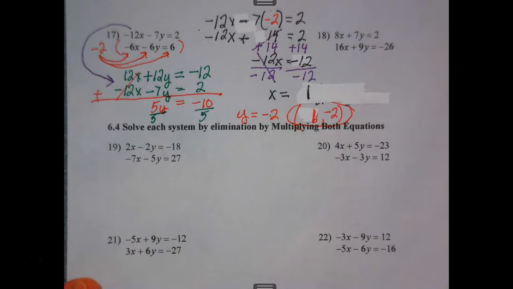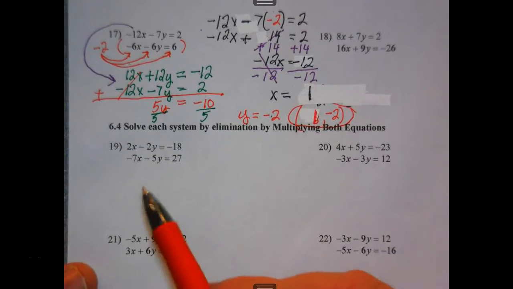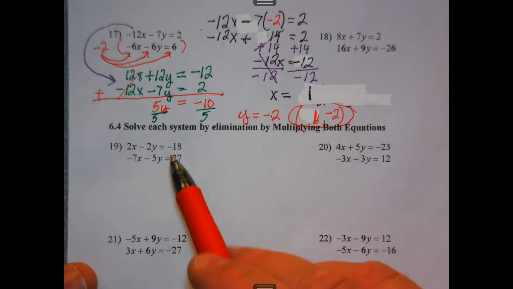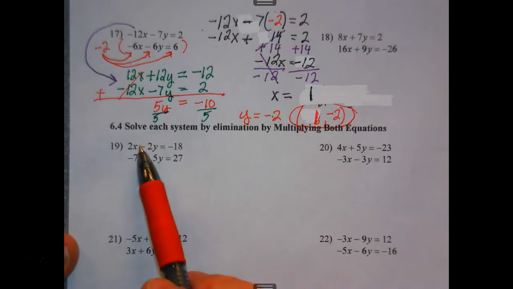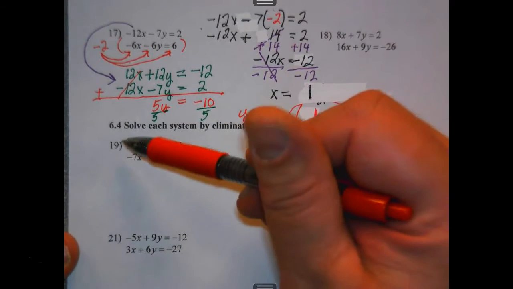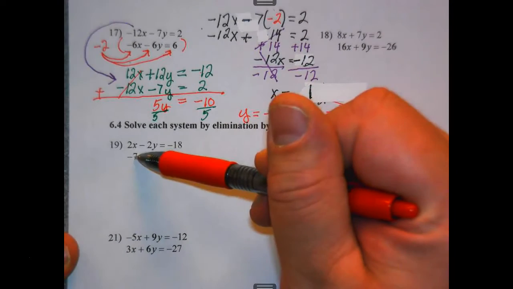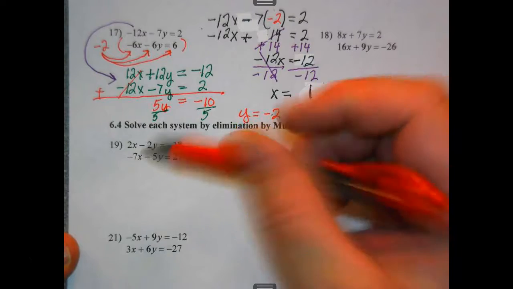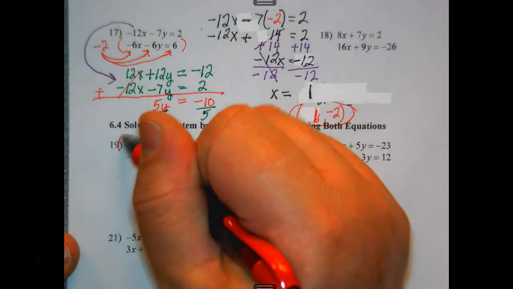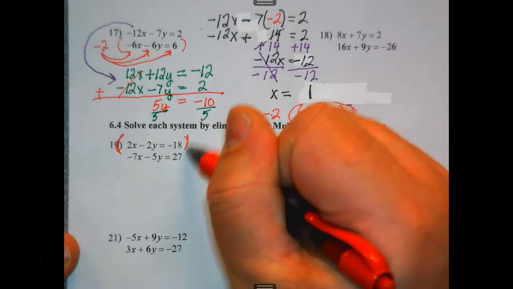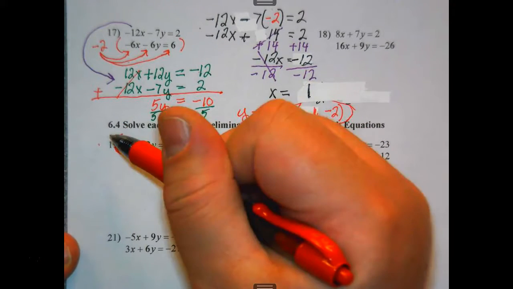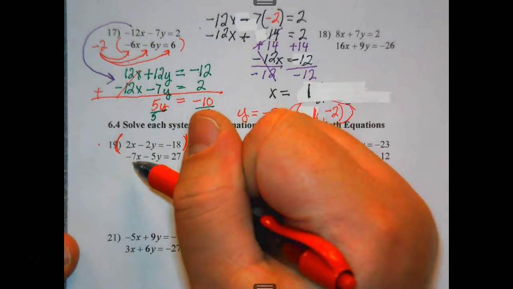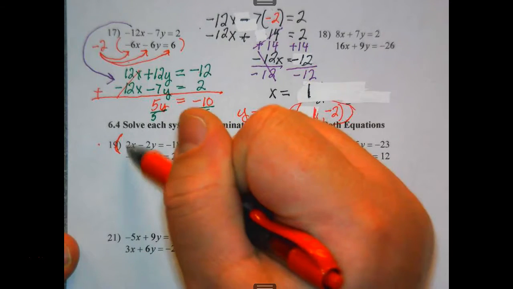If you have a problem really deciding and you're running out of time, just pick one of the coefficients. Like I got a 2 and a negative 7 here, and just multiply them. Like the top equation here, multiply this 2x by negative 7. Let's just multiply it by 7 because that'll change the sign.